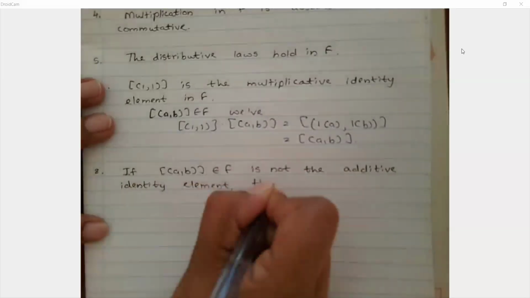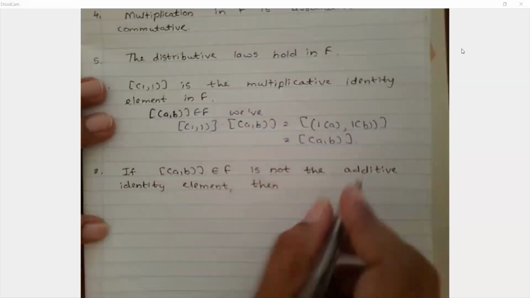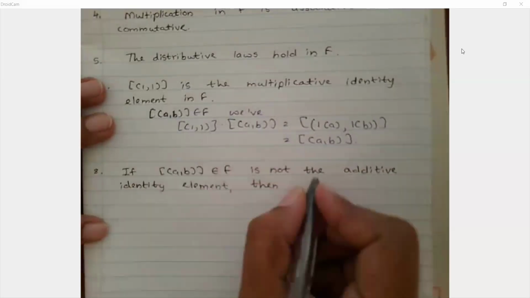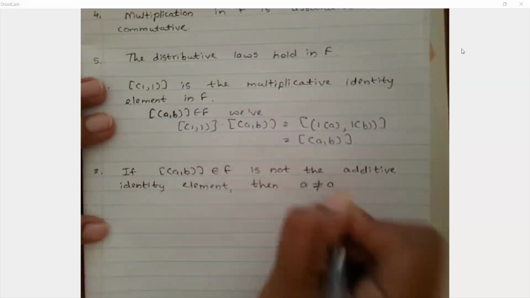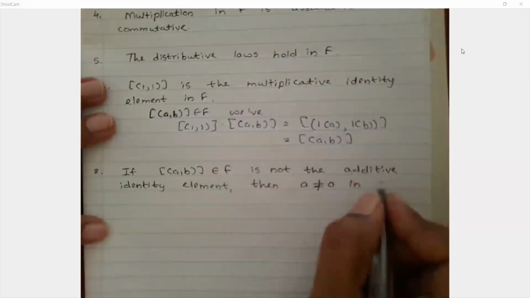Then if this is not the additive identity element, we surely know this first component A is non-zero in D. Otherwise, it will be the additive identity.